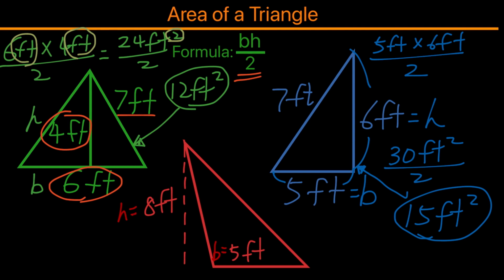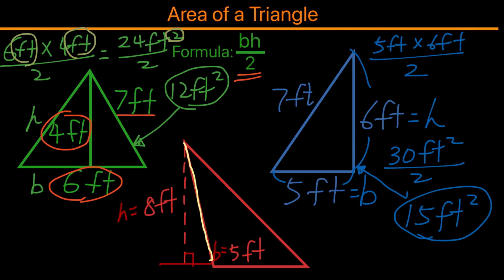Noticing that the distance has to be from the top of the triangle, perpendicular and exactly 90 degrees off the ground. So we're taking this as the height and not this one here. So be very careful about the right height that you use to calculate the area of a triangle.